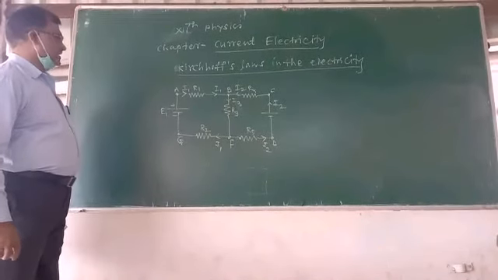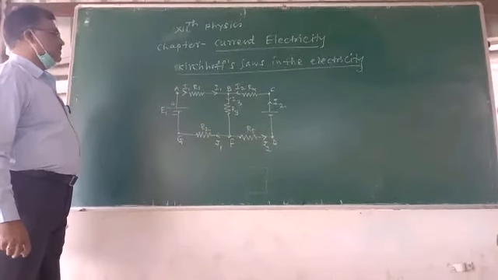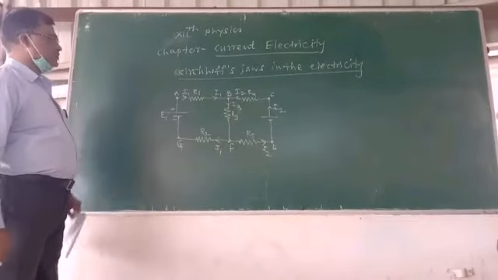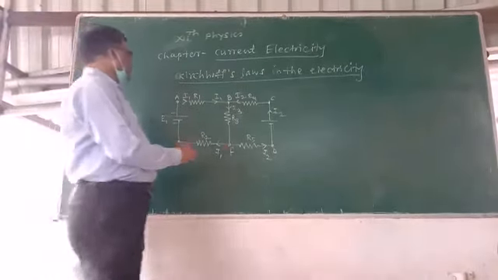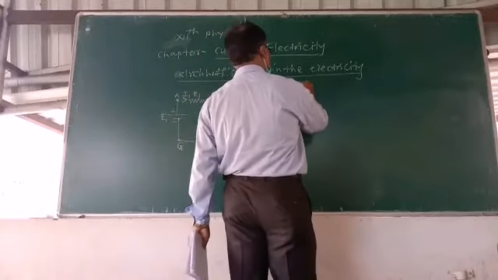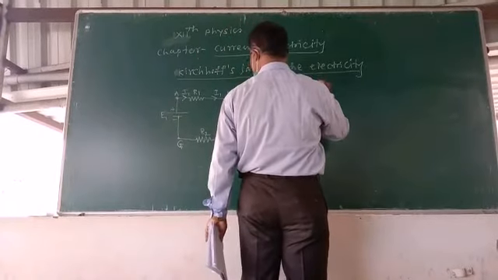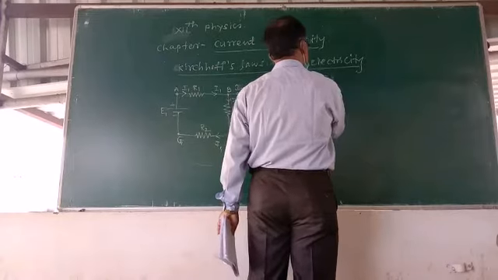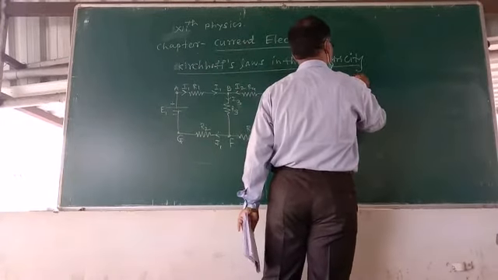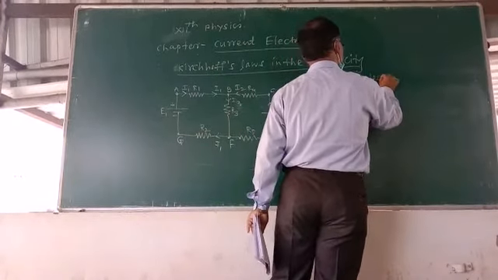Then applying Kirchhoff's second law, that is the voltage law, on the loop A, B, F, G, A in the clockwise direction.